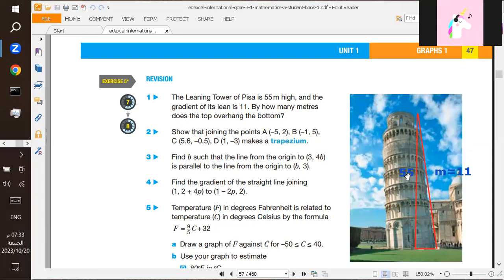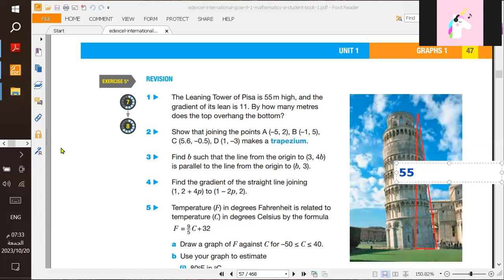So let's make these white so we can see them. Even this one we can see, even if it's white. Let's make it black. So the gradient is 11.